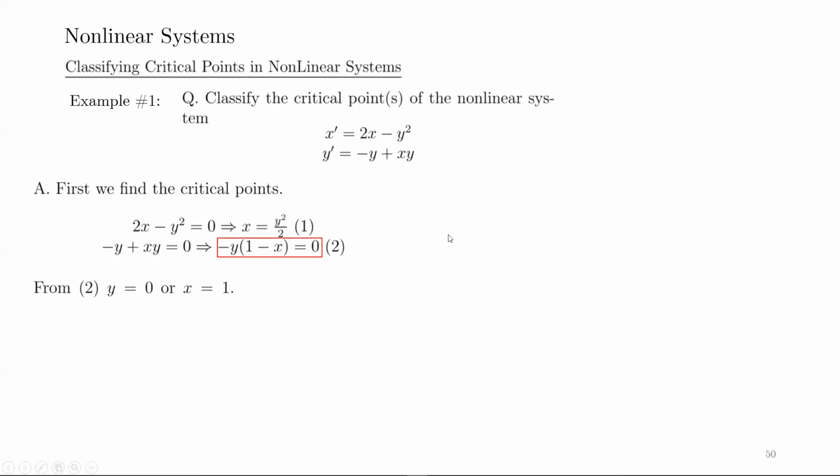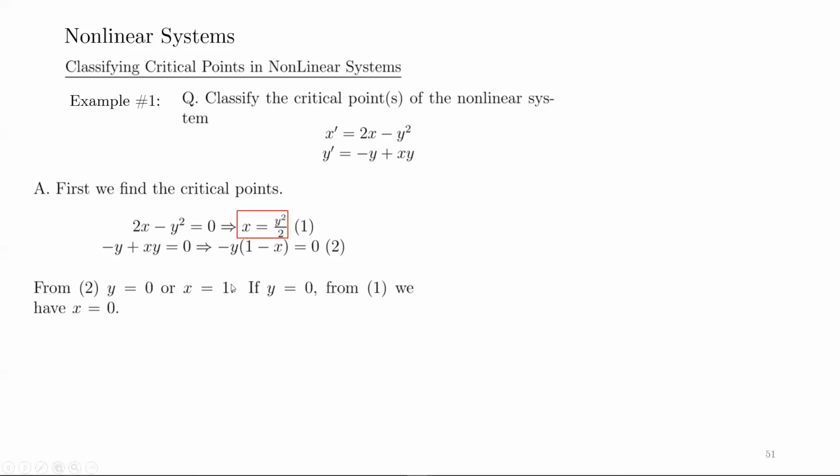From equation 2, clearly y equals 0 would set this equation equal to 0, and x equals 1 would also set this equation equal to 0. From equation 1, if y equals 0, then x must equal 0 as well: x equals 0 squared over 2, which is 0.